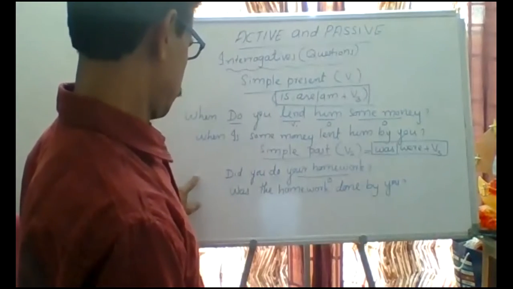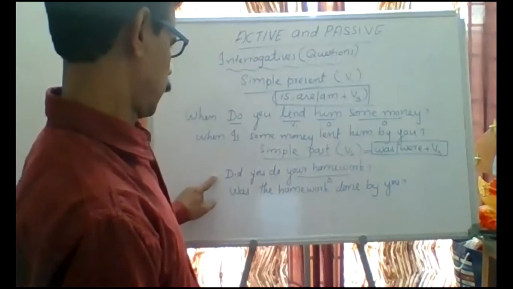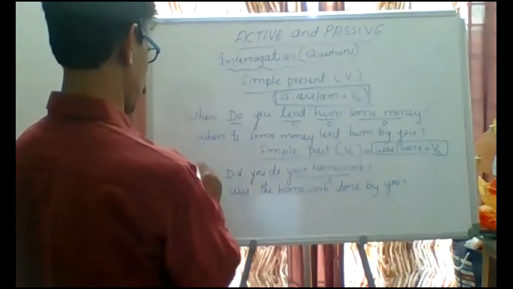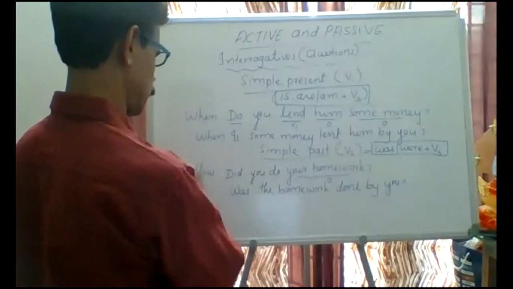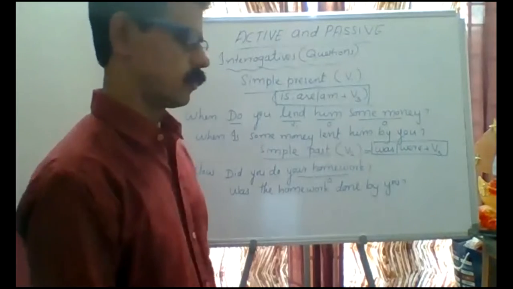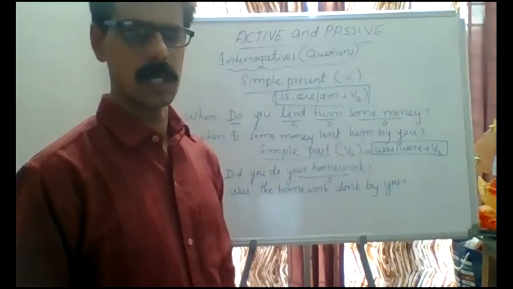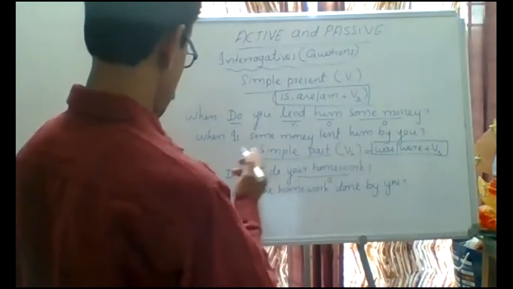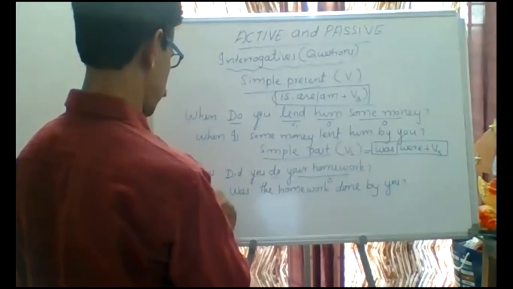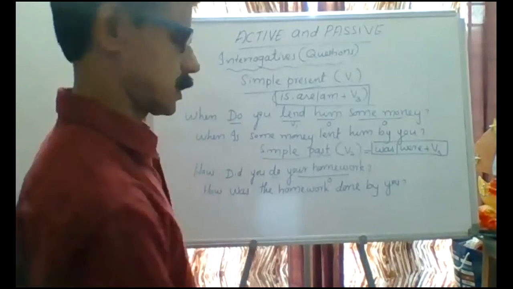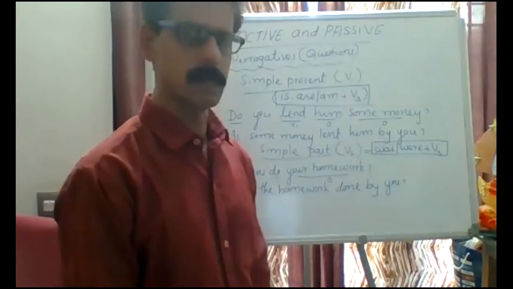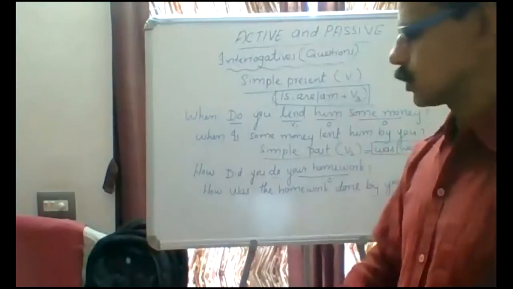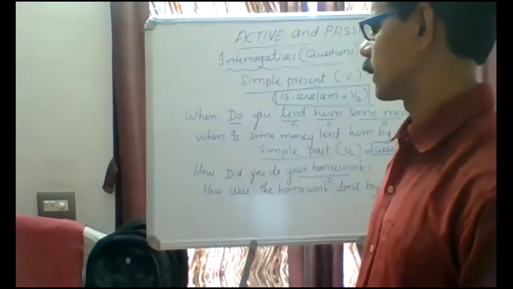Now, if you take when, why, how: how did you do your homework? If I add just a question word here, the question changes, it becomes a detailed, informative question. In the same way I can use how at the beginning of the sentence in passive voice. How was the homework done by you? So see, what is the difference here?